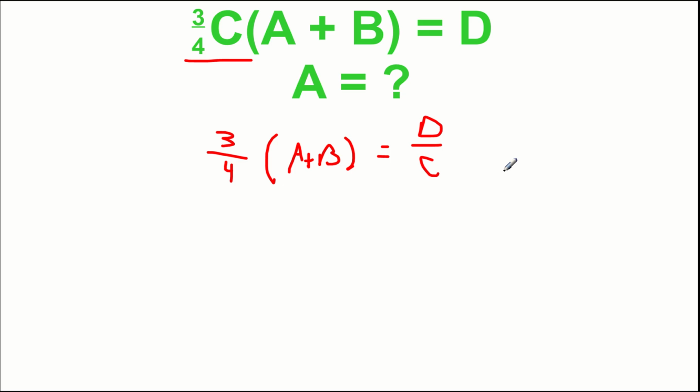Everybody good there? So now, if we divide by a fraction, if I have D over C divided by 3/4, which is basically what I'm going to end up doing. I divide by my coefficient here, or the number out in front of the parentheses.